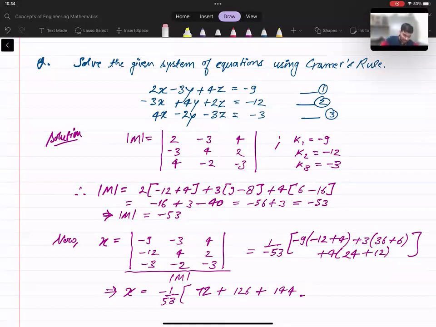So again, upon solving this, we get 72 plus 126 plus 144, so 342. So minus 342 over 53. Okay. Over 53.